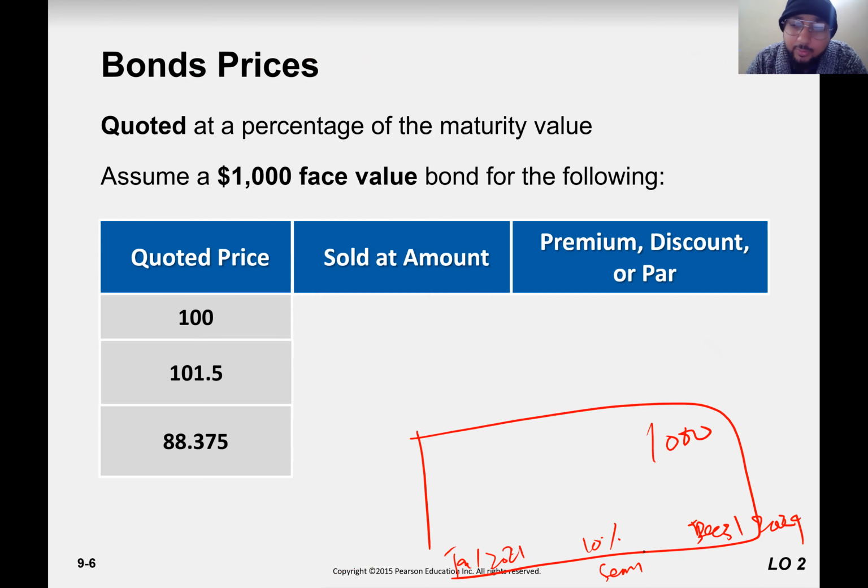So the interest rate written on the bond is called, as we just talked about, the coupon rate. So there is another interest rate, that is the market rate or bank rate.